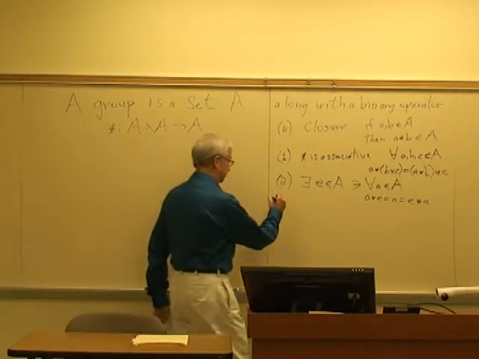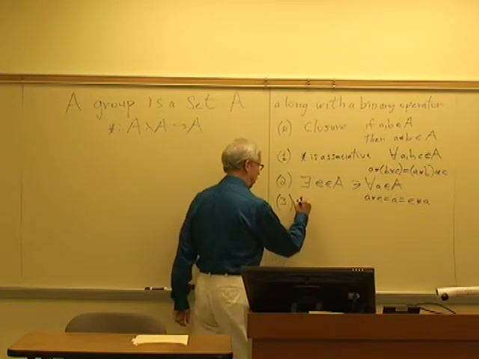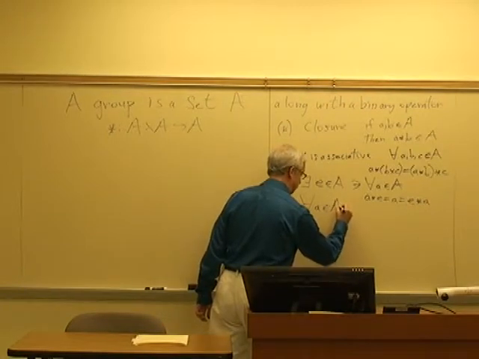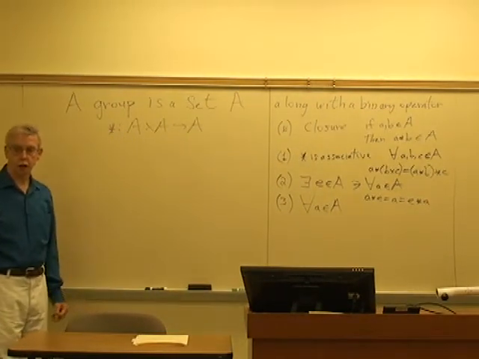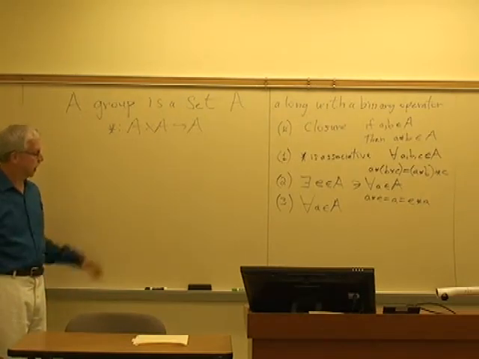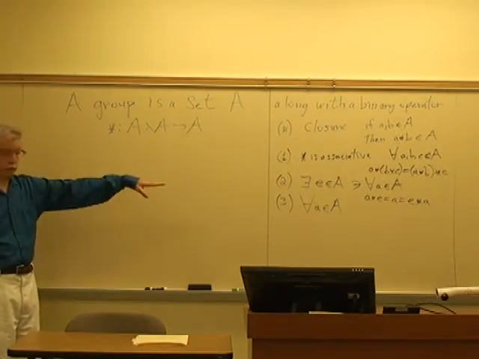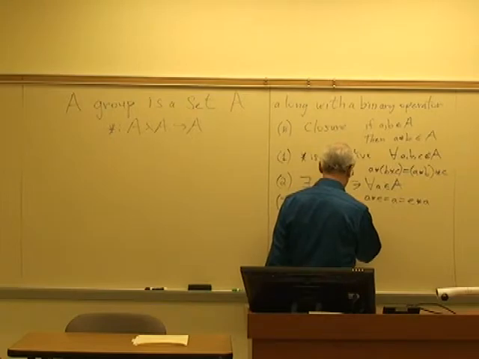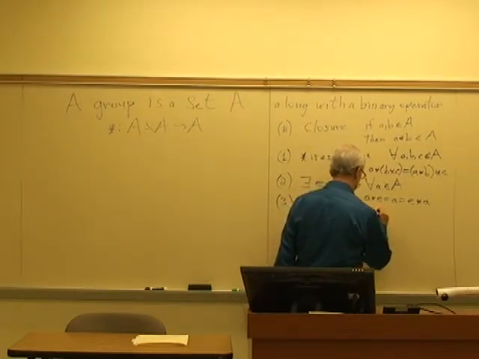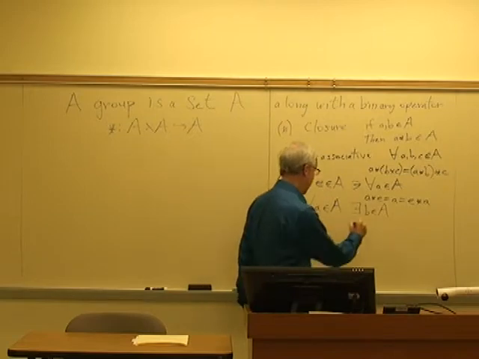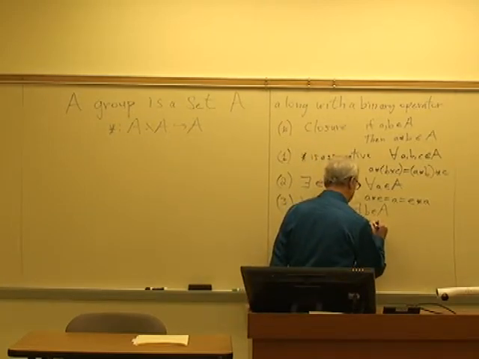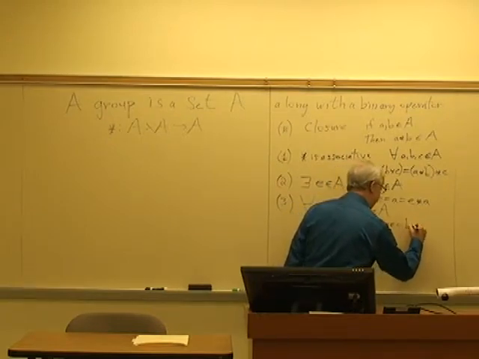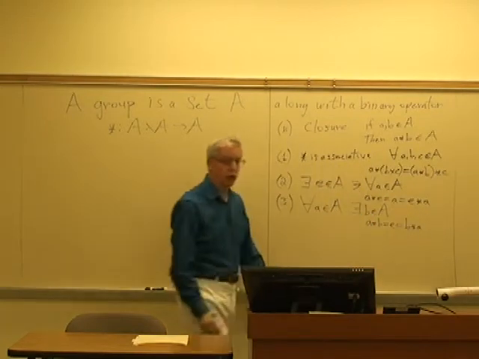And then number 3, for everybody in A, what do we need? Following our previous discussion, I have an identity, I have associativity. For everybody I need an inverse, right? So there must exist a B in A with the property that A star B is the identity and B star A. Inverses must work on both sides as well.